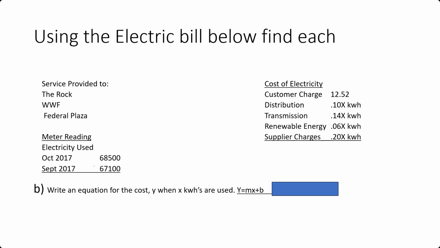The cost of electricity, notice the first one doesn't have per kilowatt hours. m is a rate. So m needs to be with the kilowatt hours, where b is the fixed amount. It's $12.52, no matter how much you use. So $12.52 is the fixed cost. It's your b. The other ones make up the slope.